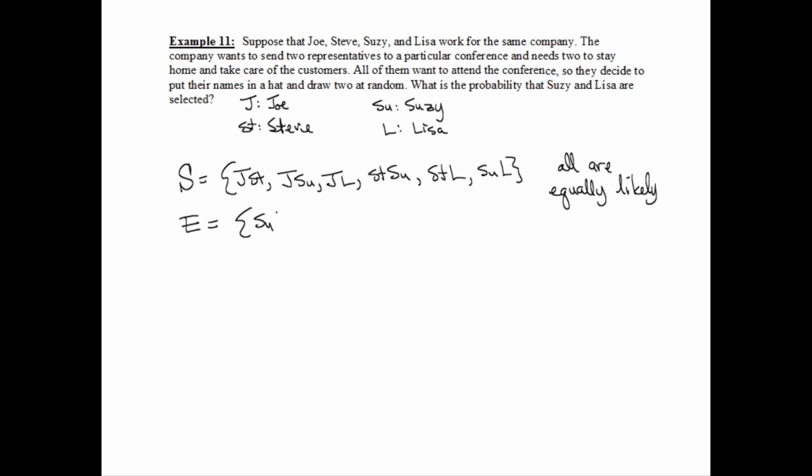So Susie and Lisa. Probability will be the number in my set divided by the number in the sample space. How many are in my set? 1. How many are in my sample space? 1, 2, 3, 4, 5, 6. So 1/6.